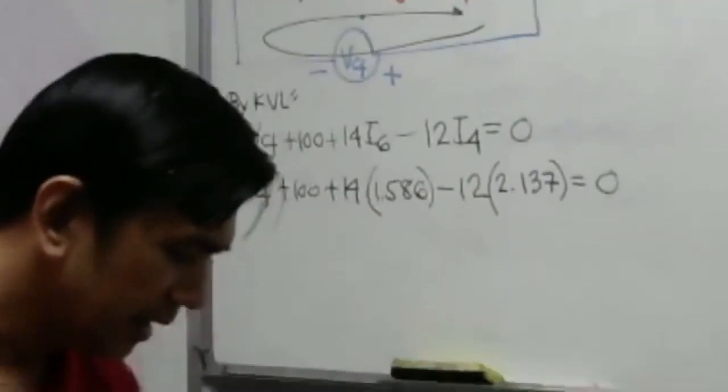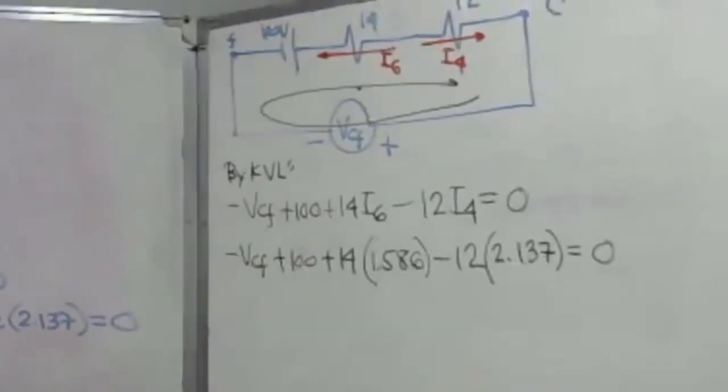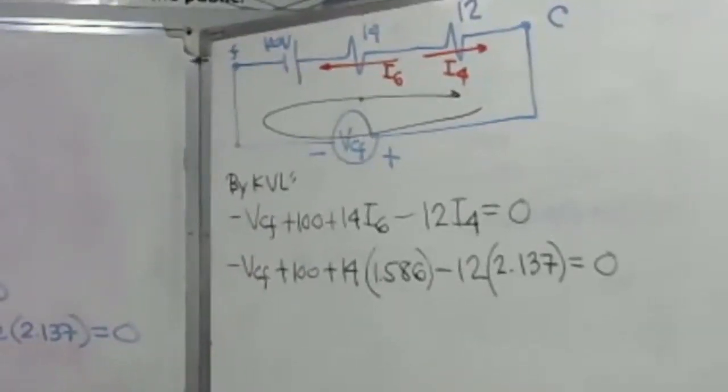Okay, let us calculate now. 100 plus 14 times 1.586 minus 12 times 2.137.